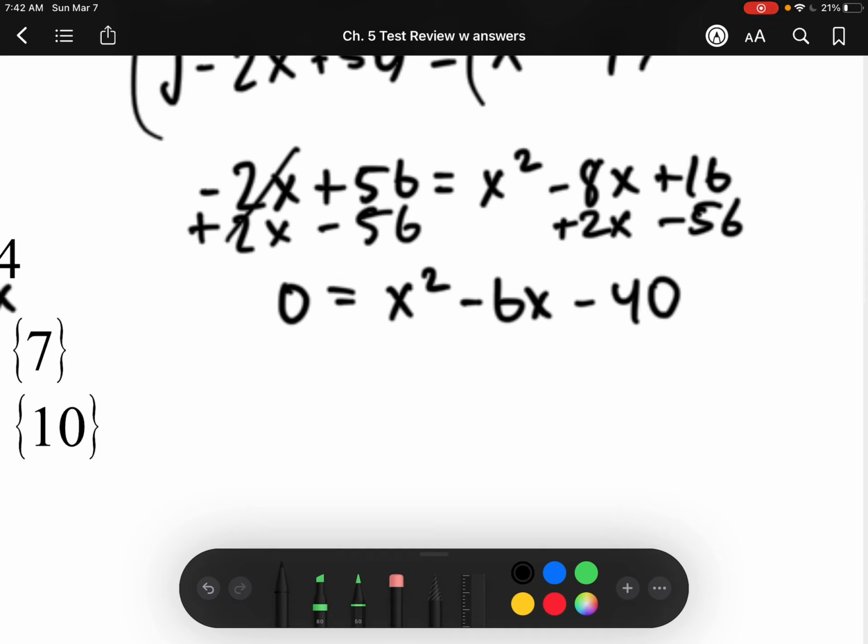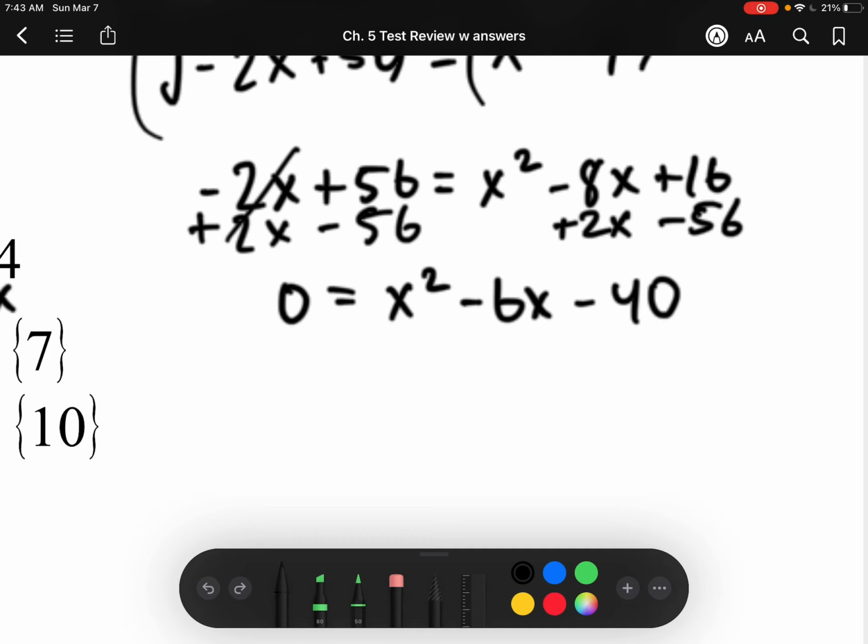So now I have to think of 2 numbers that add up to negative 6 and multiply to negative 40. So let me think. One has to be positive and one has to be negative, right? Because in order to get a negative product, it has to be a negative times a positive. And the higher number has to be negative since the sum of the 2 numbers is negative.